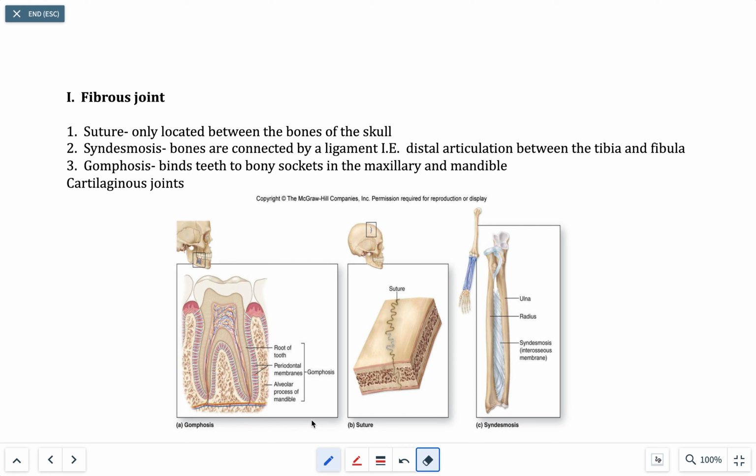And finally, the last one we see is the gomphosis. The gomphosis is what binds the teeth to the bony sockets in the maxillary and the mandible. And this also has a little bit of cartilaginous joint properties. We can see that they're usually bound in the lower aspects of the socket going into the mandible or the maxillary bone.